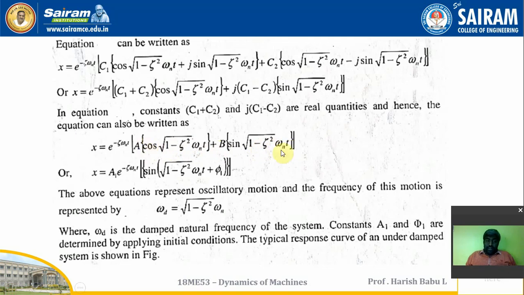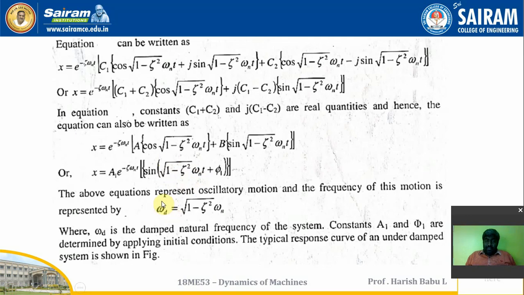So I am going to write the overall equation simply as a1 e to the power of minus eta omega n into t multiplied by sin (root of 1 minus eta square omega n into t plus phi 1). Here phi is the phase angle and a is the amplitude. Now I want to replace root of 1 minus eta square omega n with the term omega d.